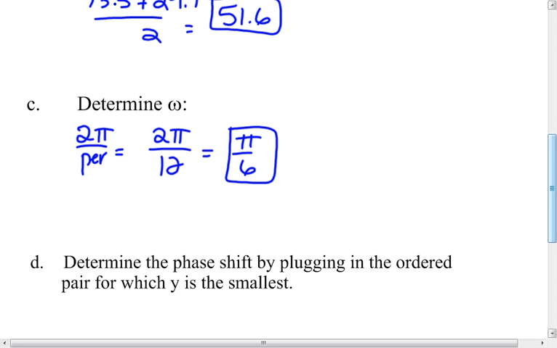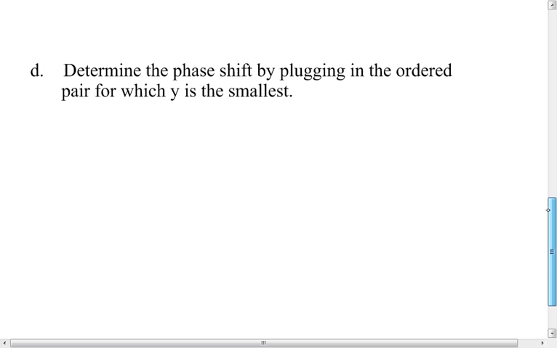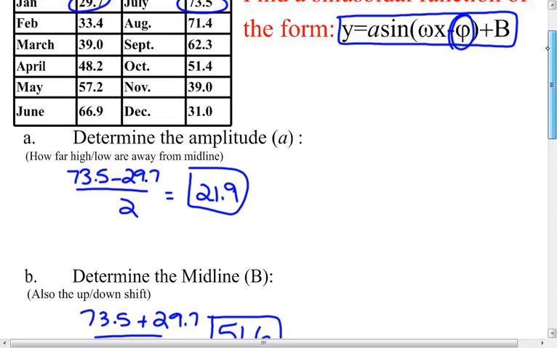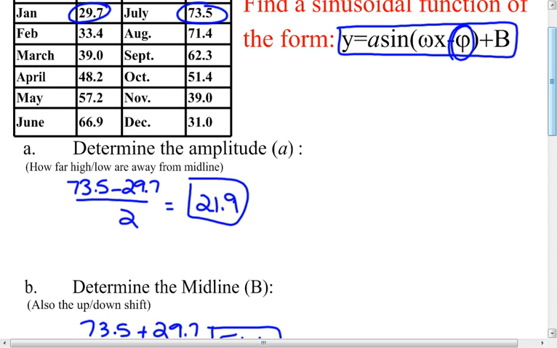All right, none of that is going to be too difficult for you, I don't think. But this next part, calculating the phi, gets a little bit tricky, so try to pay close attention here. Okay? You determine that phi, or that horizontal phase shift, by plugging in the ordered pair for which y is the smallest. So you're going to look for your smallest y value. And we know from our data right here that our smallest y value is up here.